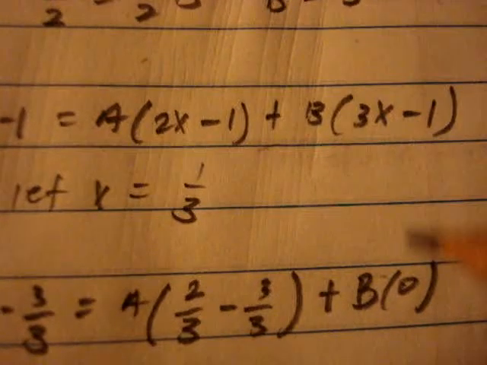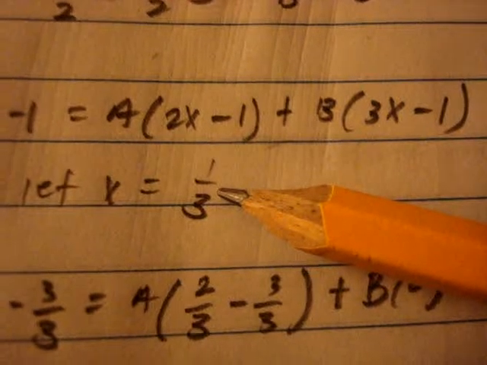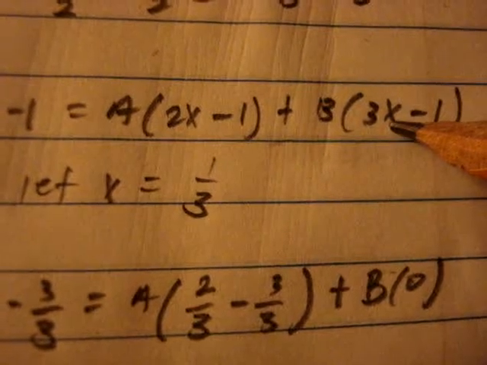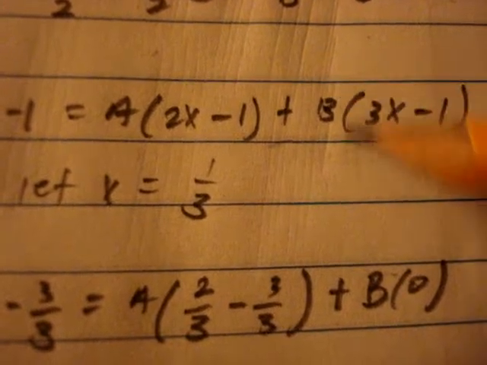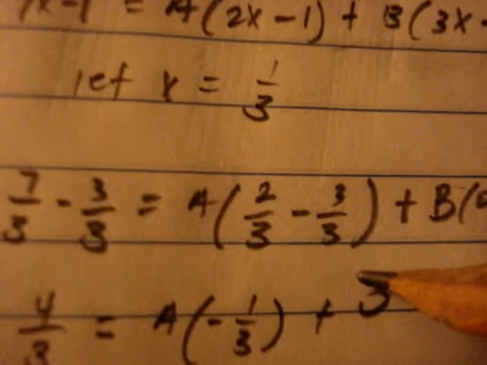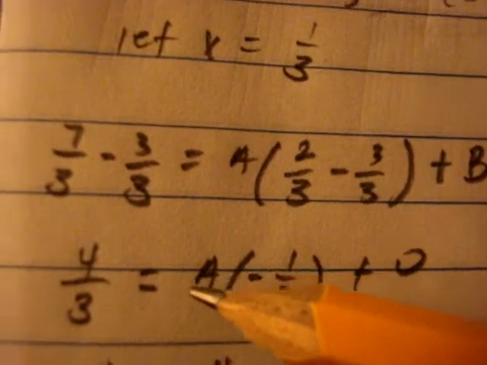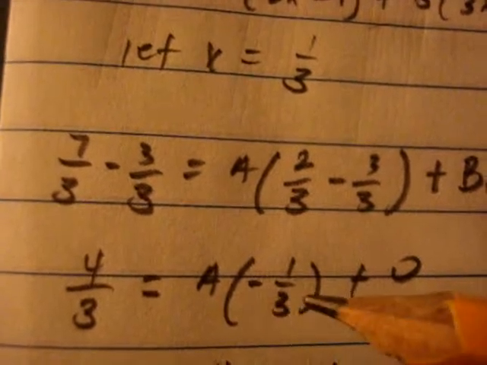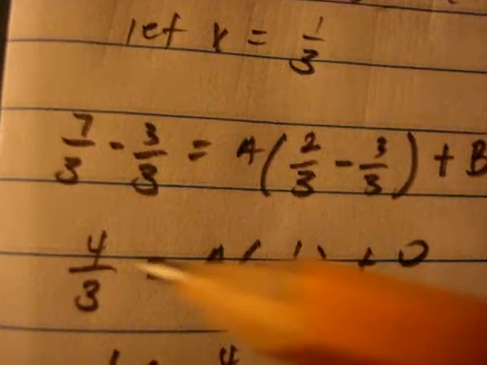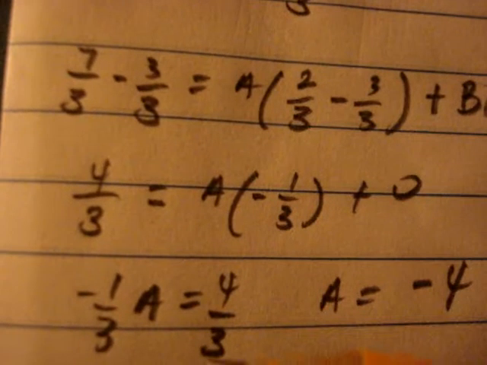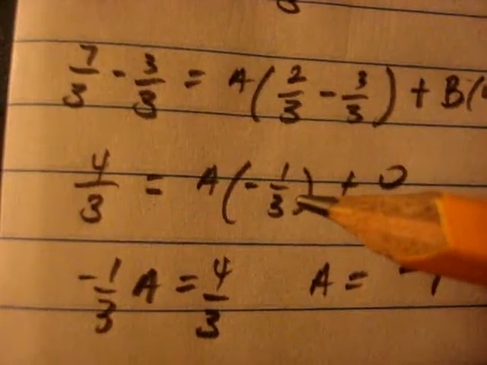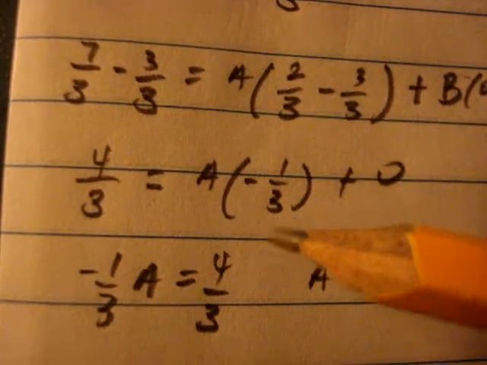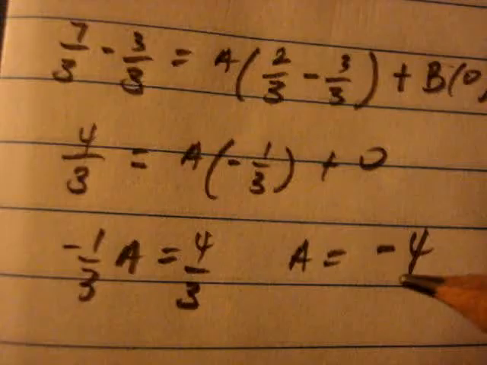As for the B right here, it'll be 0 because you plug 1/3 into this x variable right here: 1 minus 1 equals 0. 0 times B equals 0. So the only thing left is to solve for A. To solve for A, you multiply both sides by 3. So A will be -4.